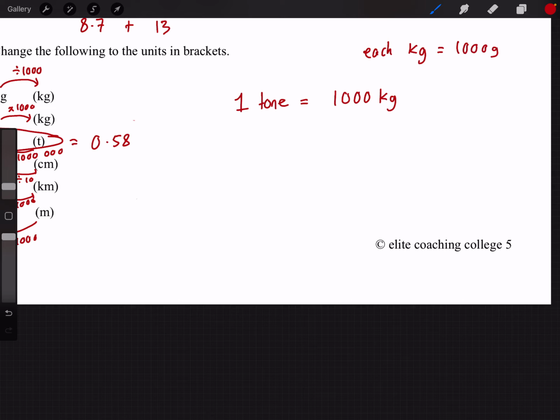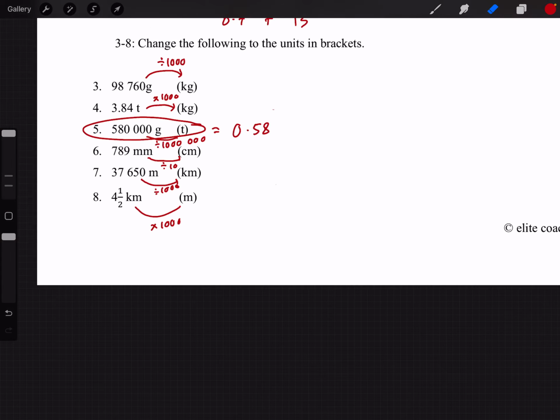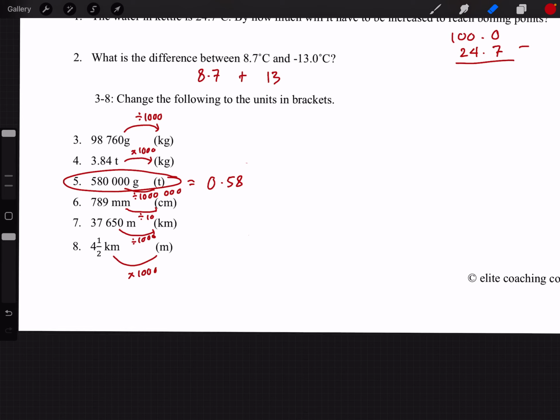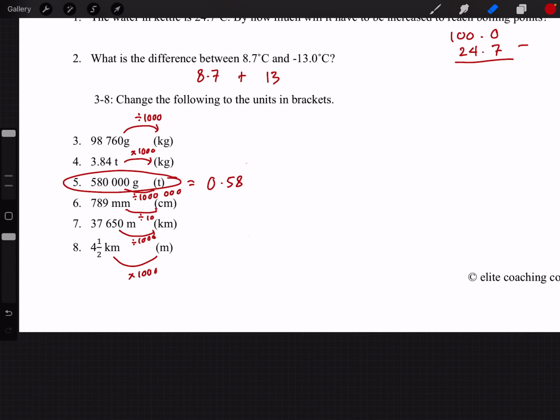So to go from ton to kilogram, we times it by 1,000, and to go from kilogram to grams, we times it by another 1,000. 1,000 times 1,000 gives you a million. So that's where the million comes from. I won't go too deep into that, but just understand that these are the numbers. You can use those numbers I just wrote down to work out the rest of them. Just move the decimal place back and forth and get the answer.